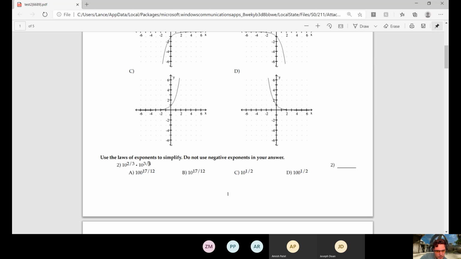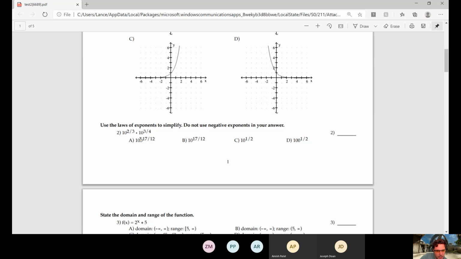All right. Y'all didn't like this one. Do y'all know what to do here? What do you do when you have exponents with similar bases and you're multiplying them? How do you simplify it? Yeah, you add the exponents. So right here, you're going to add 2/3 and 3/4. And to do that, it's annoying, but you got to do it.